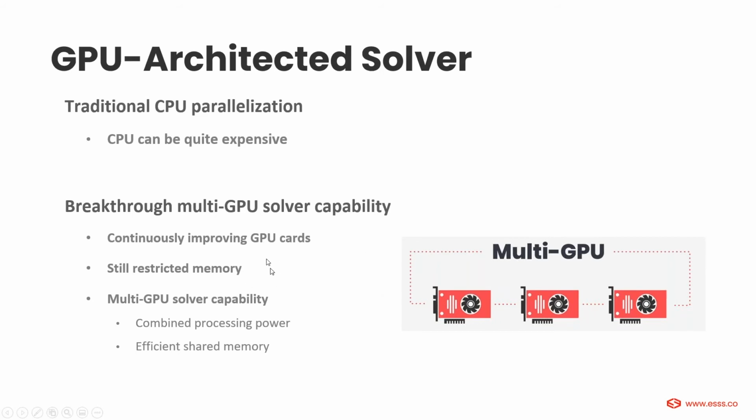It used to have a limitation here, because a GPU card usually has limited memory, but Rocky tackled this problem again and introduced the multi-GPU capability, and now you can have combined processing power and tackle way larger problems using multiple GPUs.